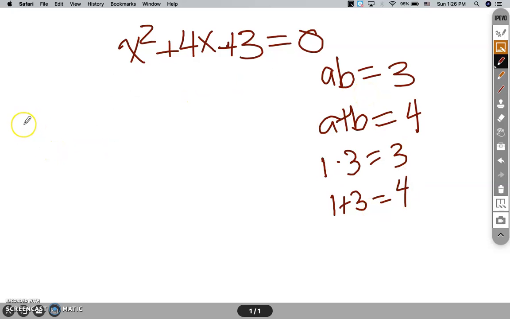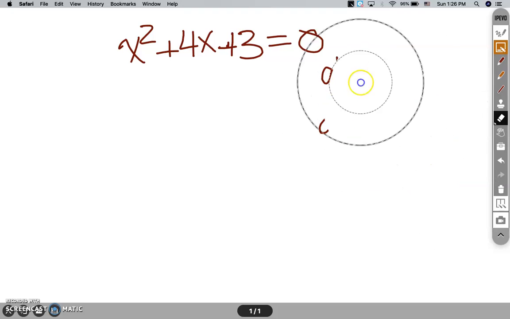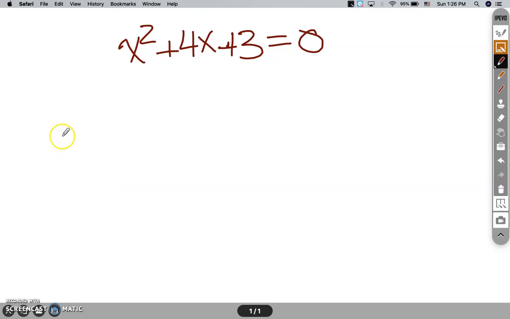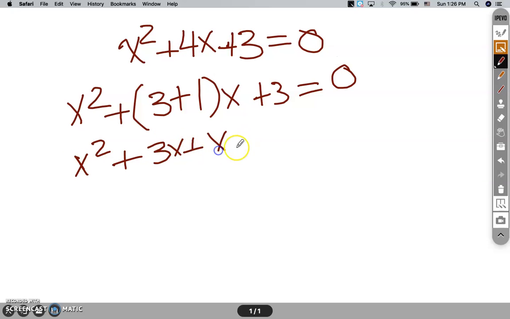So let's put it in the factored formula that I showed you. Okay, so that will be x squared plus 3 plus 1 x plus 3 equal to 0. Then simplify this as much as we can. x squared plus 3x plus x plus 3 equal to 0.